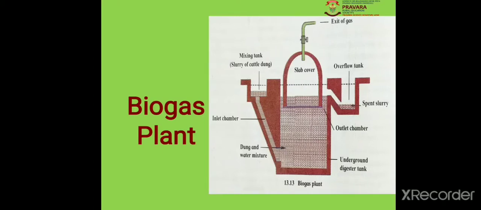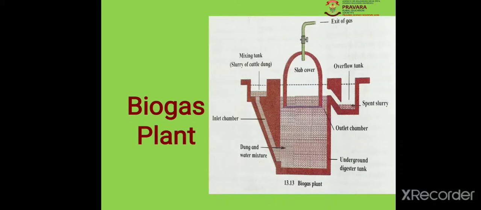There is an oval shaped chamber and a knob to let the gas exit. On one side, there is a chamber to mix the slurry of cattle dung, and an underground digester chamber is there, where the dung and water mixture reacts, bacteria act on it and methane gas is evolved. So, this is the biogas plant.